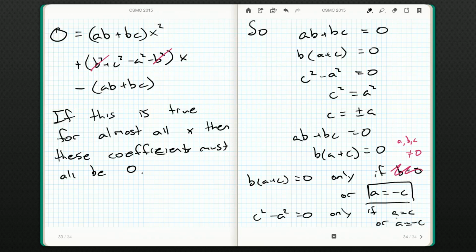But all the equations have to be true. So either A is equal to negative C and A is equal to C, in which case, these two both imply that A and C are 0, and that won't work for the exact same reason. So the only condition we need is A is equal to negative C.